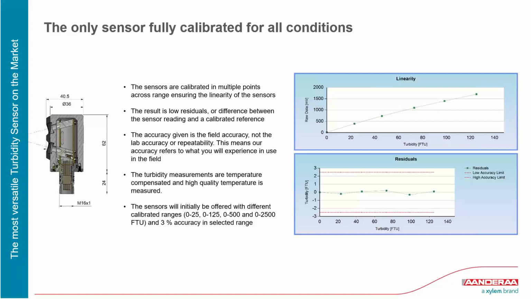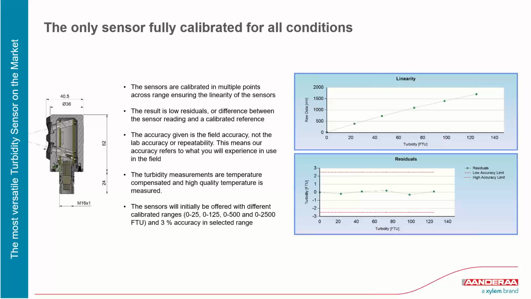Normally our sensors are very well within the limits of the specifications we give, because when you go to the field, typically you lose some of the accuracy. So we want to be very well within specifications, as you can see in these lower graphs.